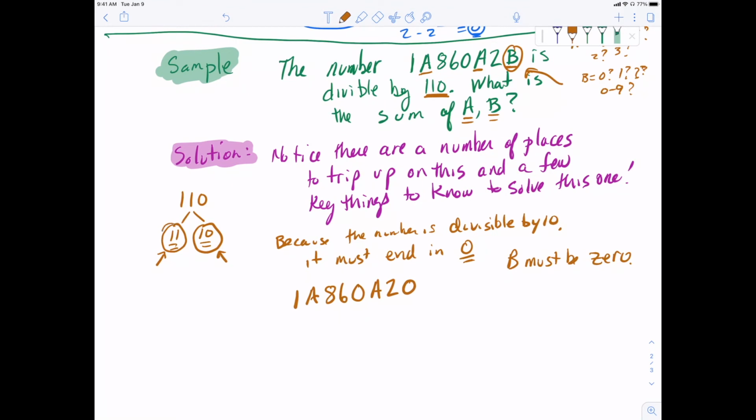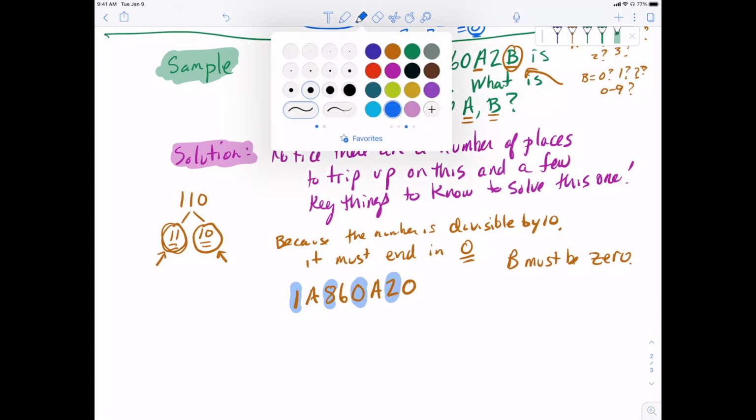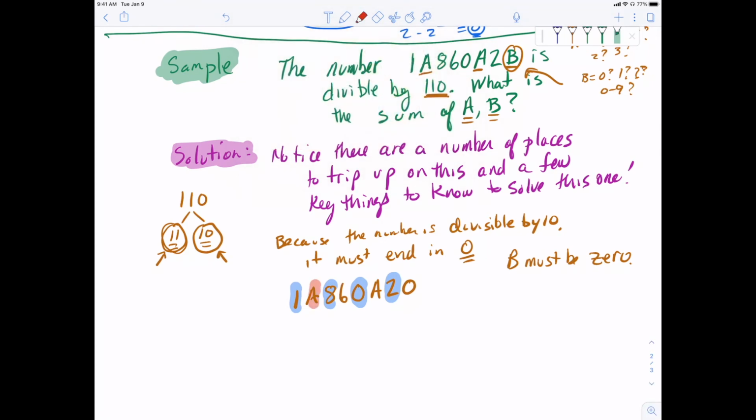What's the other piece? We know it's divisible by 11. So now let's look at every other digit. We know that 1 plus 8 plus 0 plus 2 minus A minus 6 minus A minus 0 equals 0 or a multiple of 11.